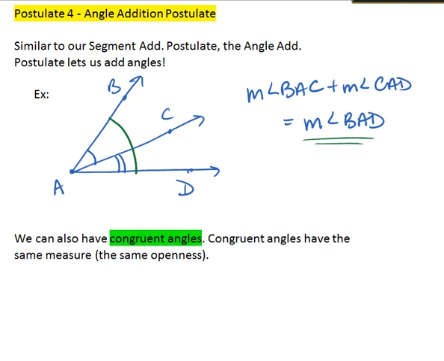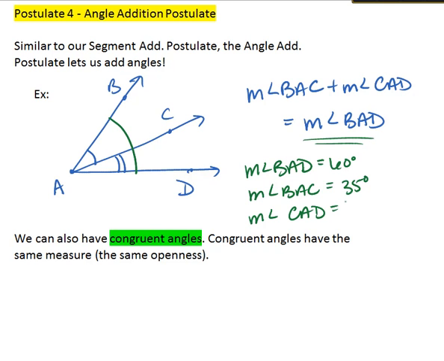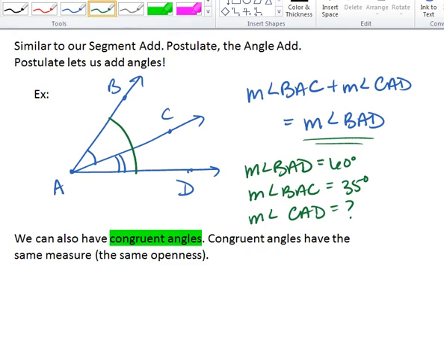So if I gave you an example that said that the measure of angle BAD is 60 degrees, and the measure of angle BAC is 35 degrees, what is the measure of angle CAD? Pause the video for a moment if you need to, and then restart when you're ready.